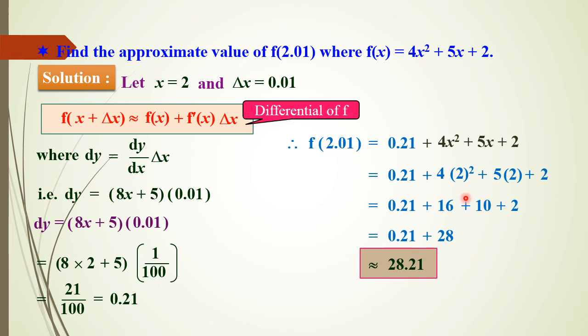After calculating all this it will be 28. So f dash of x into delta x, the value we determined here, will be 0.21. After adding 28 plus 0.21, it will be 28.21. This is the approximate value of the function f of x equal to 4x square plus 5x plus 2, where x is 2.01.